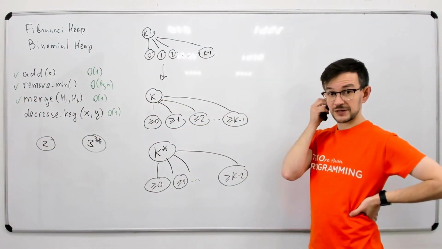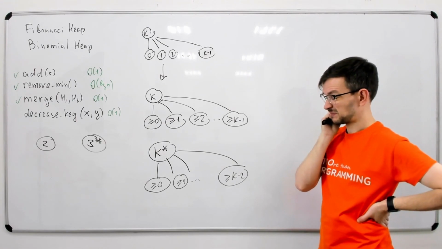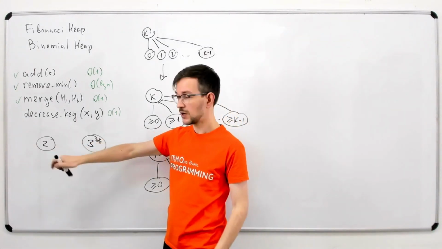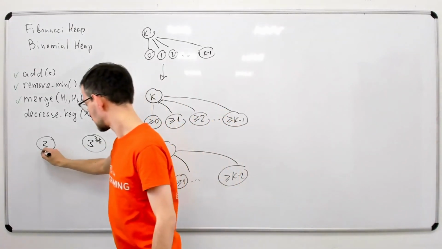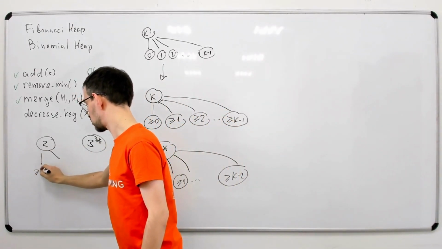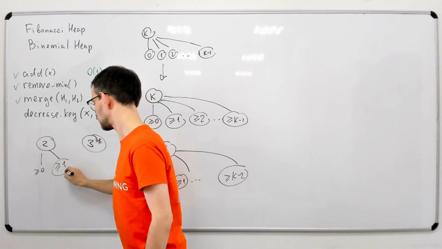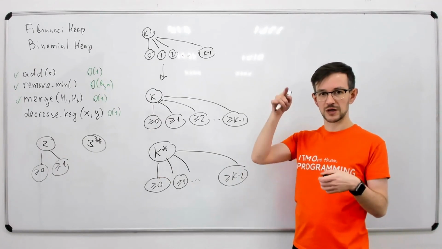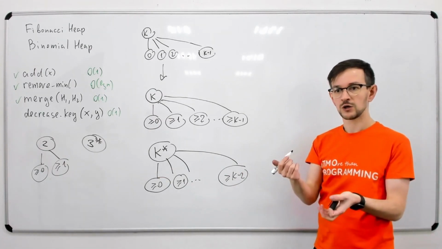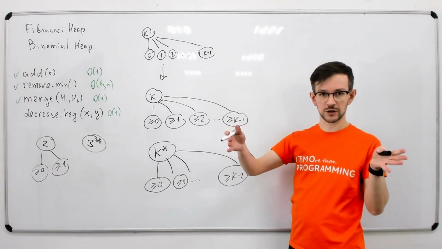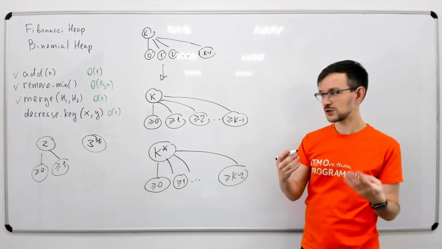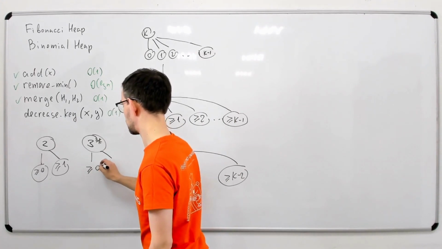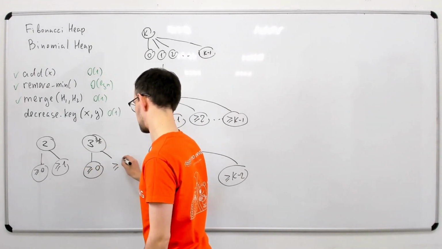What is the difference between these trees? In this tree, you have two children. The left child has rank at least 0, this at least 1. And if you have a tree of rank 3 with an asterisk, then you have the same. It means you had 3 children and then you lost one of them. So again, you have 2 children. The left child has rank at least 0, this one at least 1.